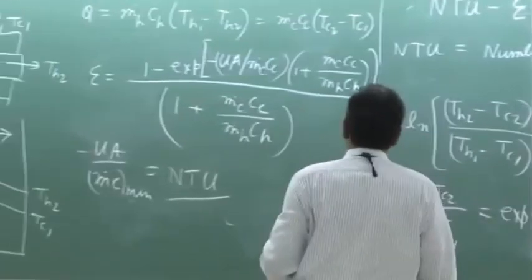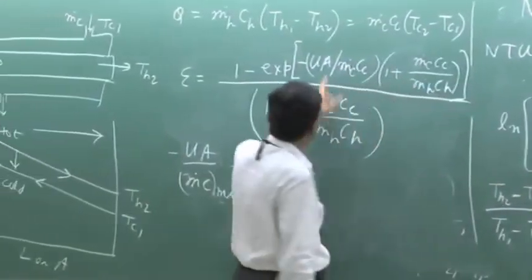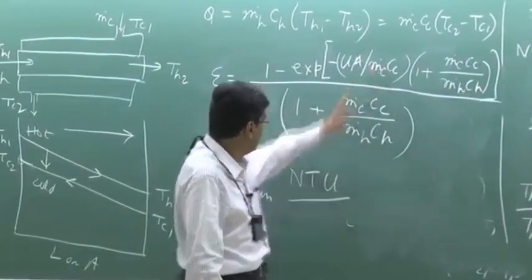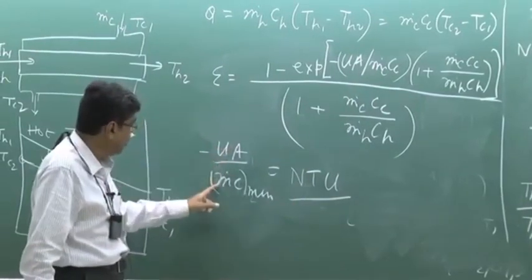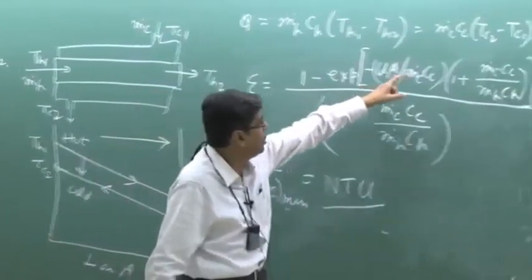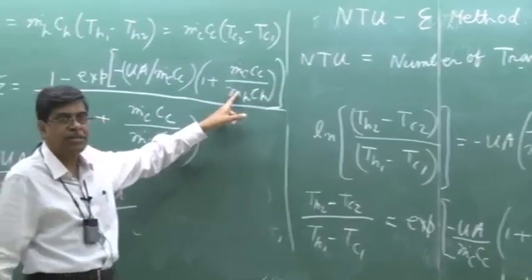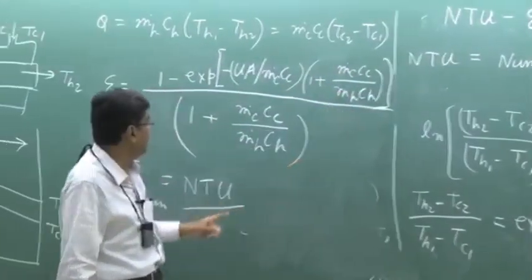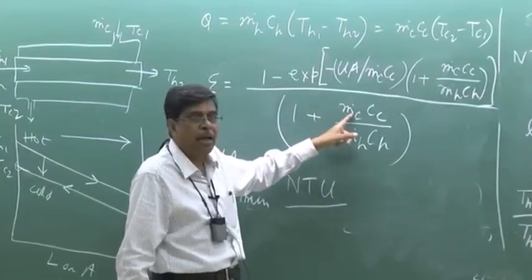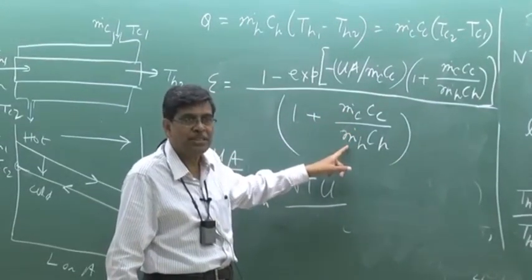If m dot hCh is the minimum, then it will be m dot hCh. NTU is UA by m dot c minimum, and this will be 1 plus m dot c minimum by m dot c maximum.